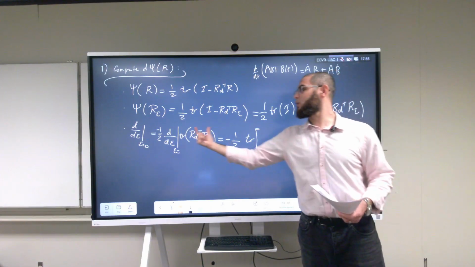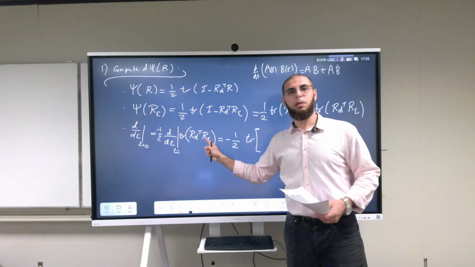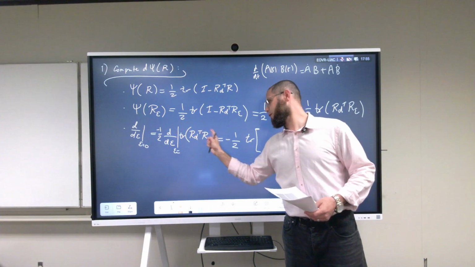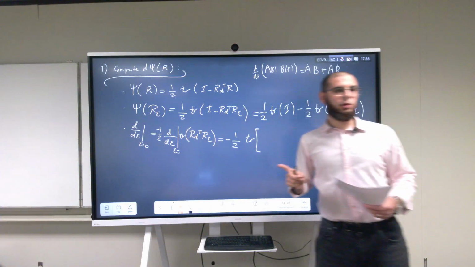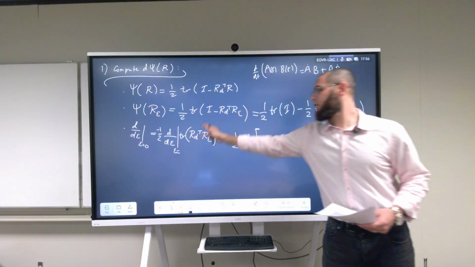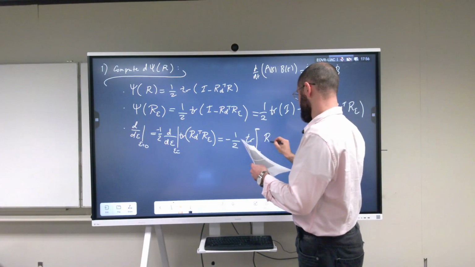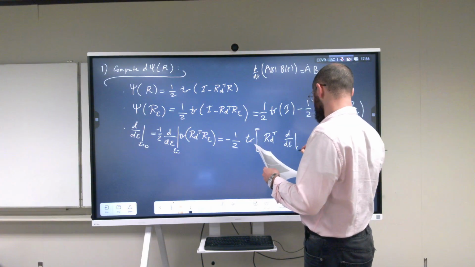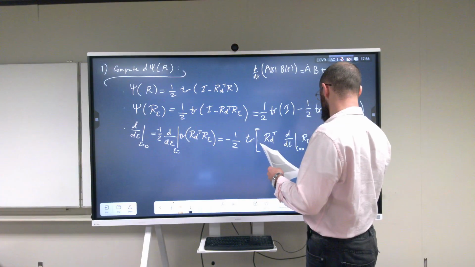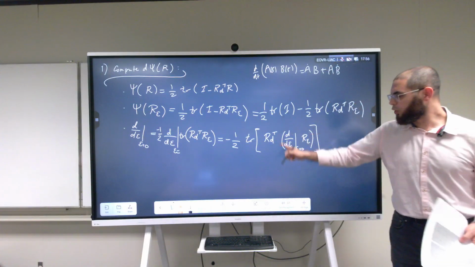We're differentiating with respect to epsilon, which means that I have differentiation of this one multiplied by that one, plus this one multiplied by differentiation of that one. Okay? And differentiation of this one will be 0. So I'm only left with something that looks like this. R desired transpose, d by d epsilon, and then I substitute epsilon equals 0, R epsilon. And this whole term, we already defined it before.